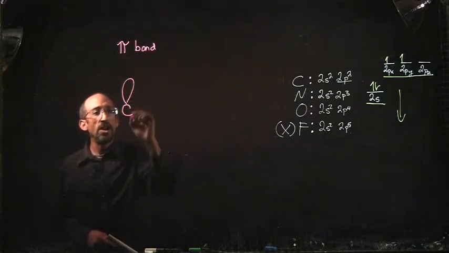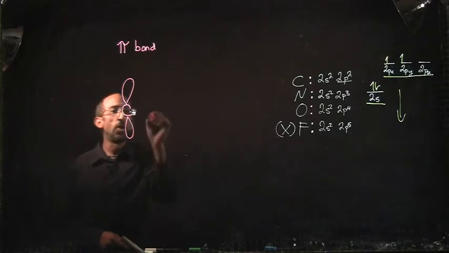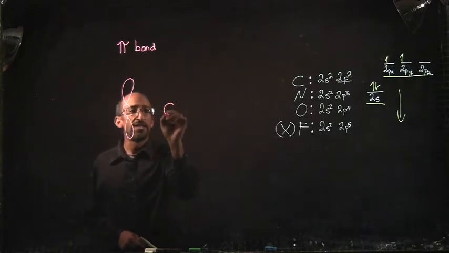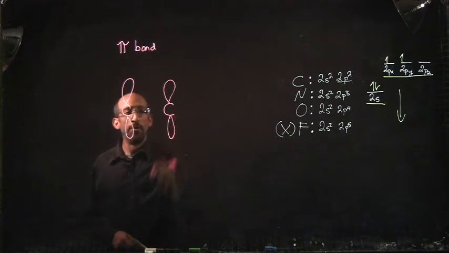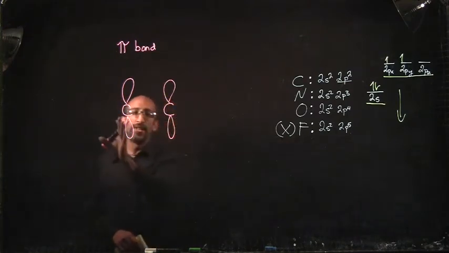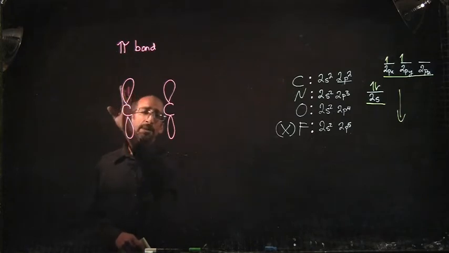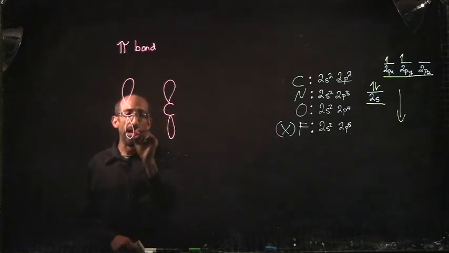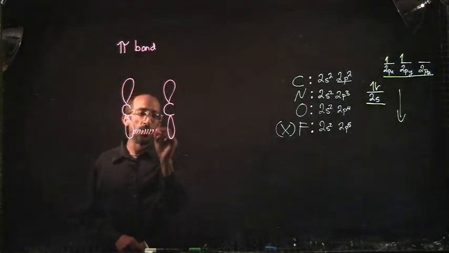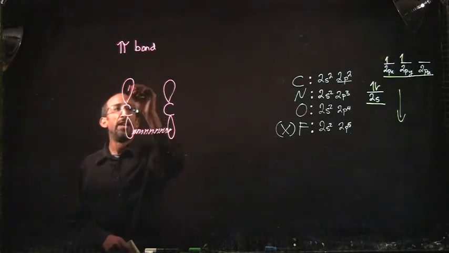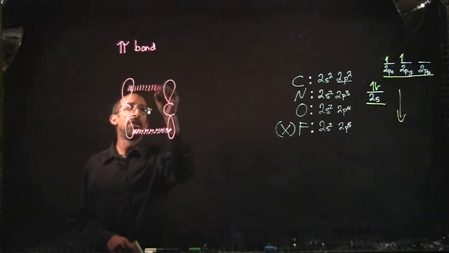If we take a carbon atom, and here I'm just going to show one of its p orbitals, and a second carbon atom and one of its p orbitals, we can get these two orbitals to overlap side to side. So we would have overlap between the lower lobes down below, and overlap between the upper lobes up above.